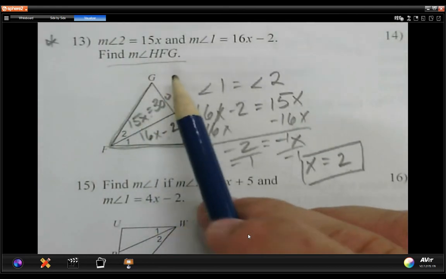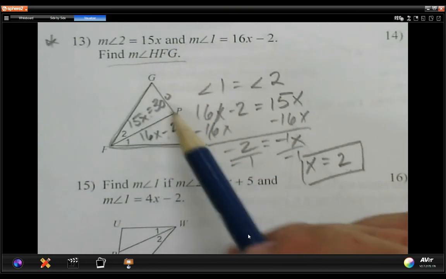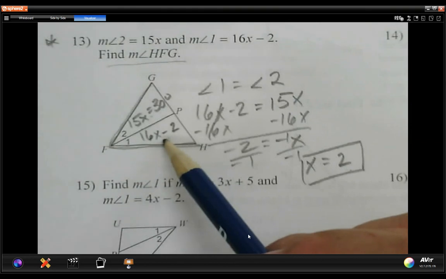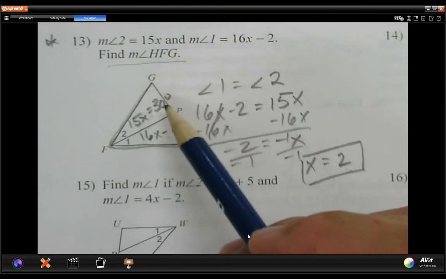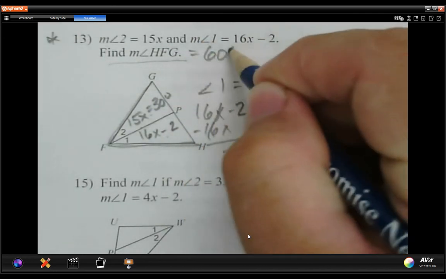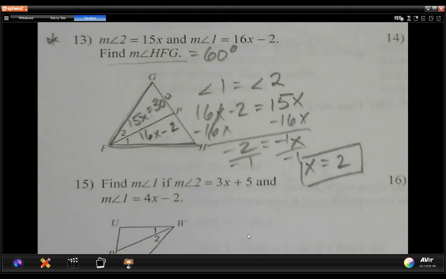No, it's asking me actually for HFG, which is the total. Well, if this part is 30, then what does this part also have to be? This part also has to be 30, and 30 plus 30 equals 60. So the final answer for this particular problem would be 60 degrees. HFG equals 60 degrees.